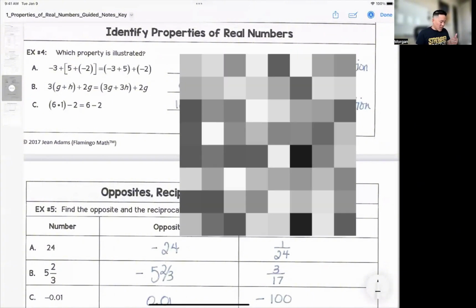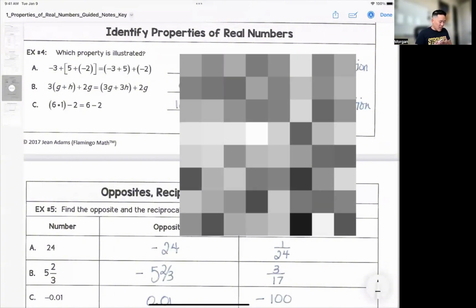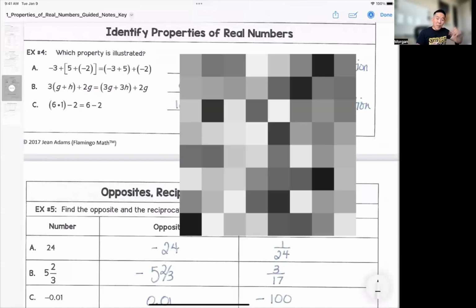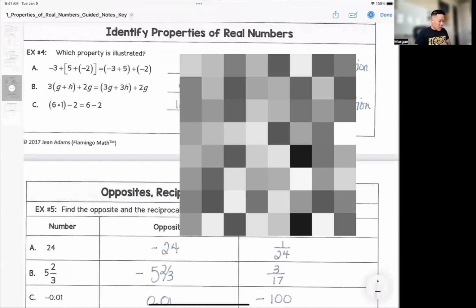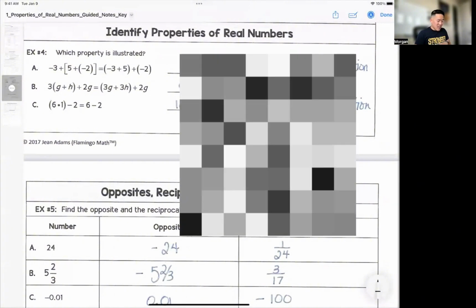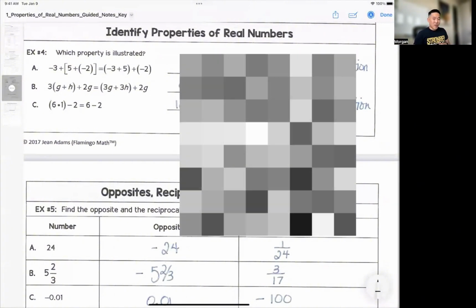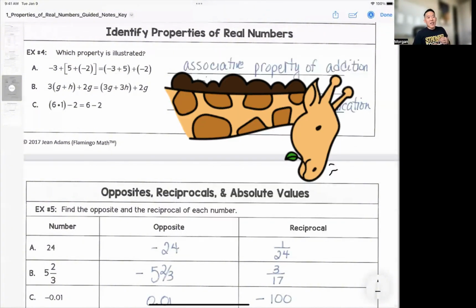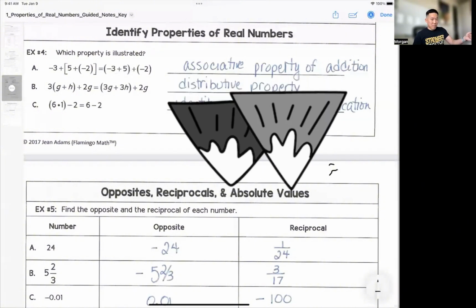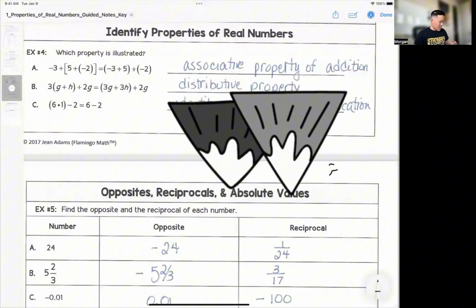Look at that first one and think about which property it uses. Give you a few seconds here. It's actually the associative property of addition, right? Next one, give yourself a few moments. It's the distributive property, yeah.